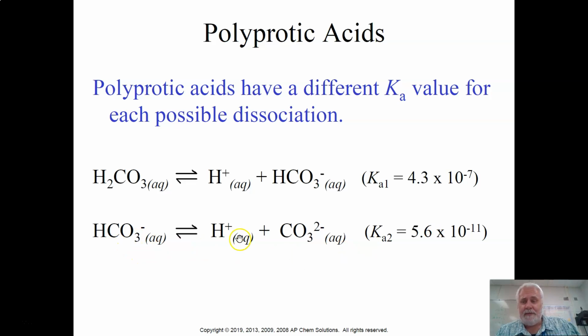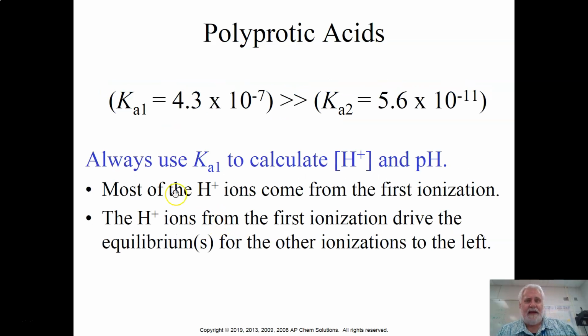So this really becomes a non-factor. But knowing that is important. They'll give you a whole list of all these Ka1, Ka2, Ka3. Just use the Ka1 to calculate the hydrogen, because it's greater than the Ka2 by a considerable amount. And again, this explains that it'll also drive that equilibrium farther to the left.